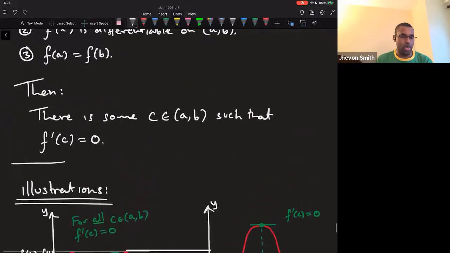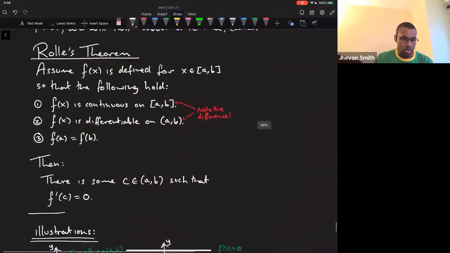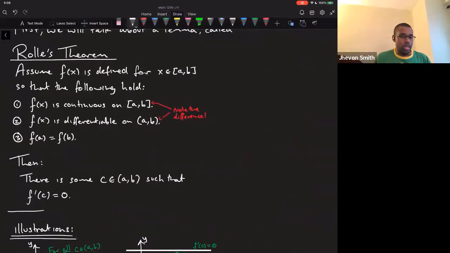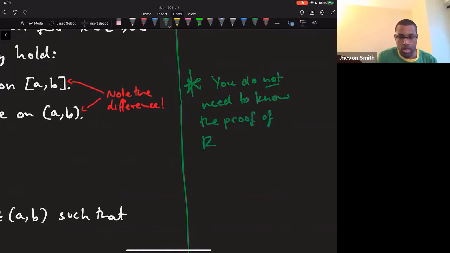But you don't need to know the proof of Rolle's theorem, but you do need to know the statement. So I should probably say that. You do not need to know the proof of Rolle's theorem.